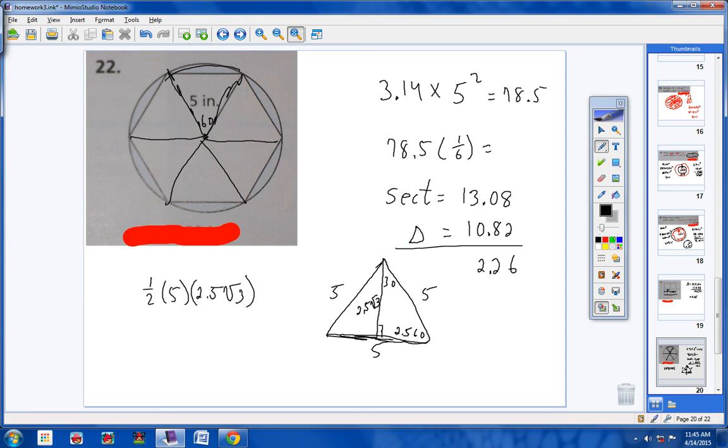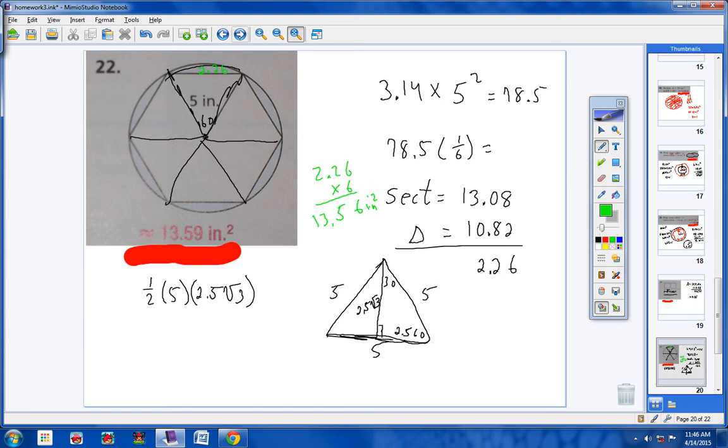So this little segment right here is 2.26. There are how many of those? 6. So 2.26 times 6 would be 13.56. 13.59, close enough. Square inches.